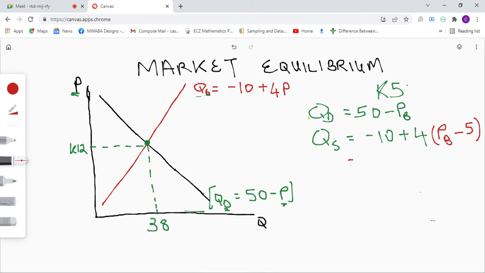So our new QS is going to be negative 10 plus 4 times PB, that's 4PB, and four times negative 5, that's negative 20.